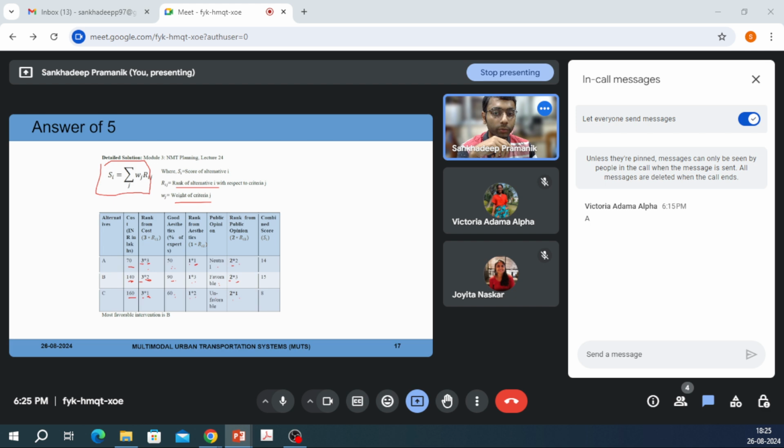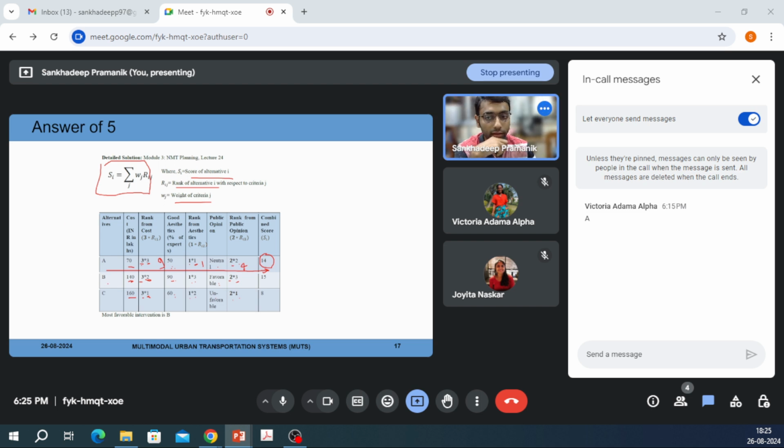So now if you multiply this for a particular case, for a particular opinion, it will come as 9, 1 and 4. So total, if you sum it, then it will come as 14, which is the score of a particular alternative.